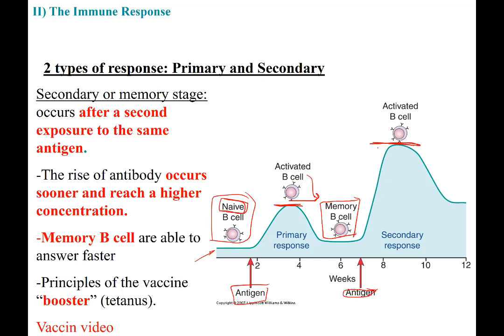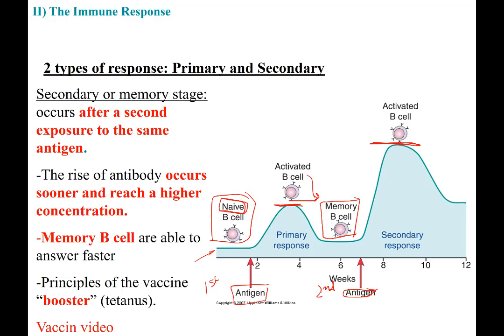Okay? So you understand this step by step: from the naive B cells that are exposed for the first time here, and here is the second time when they are exposed to the same antigen. And then they develop a memory, there's a memory of the system, and then the immunity is developed.